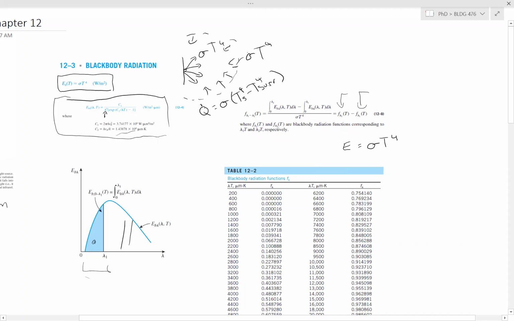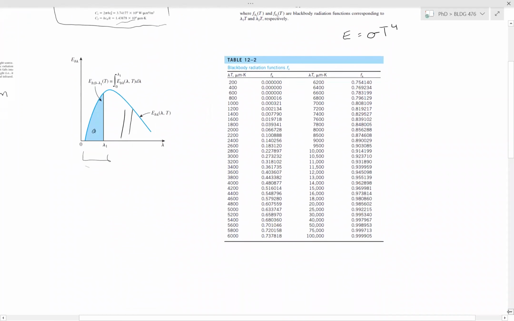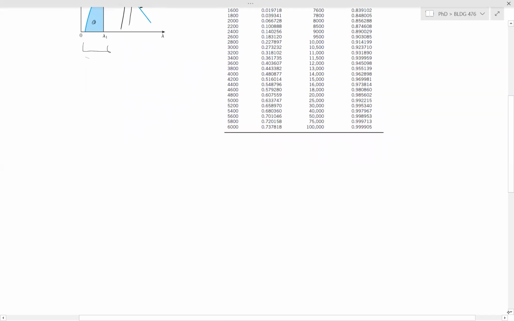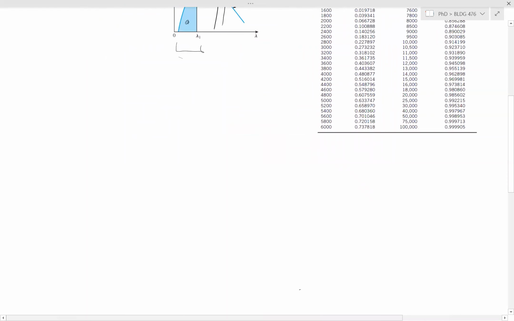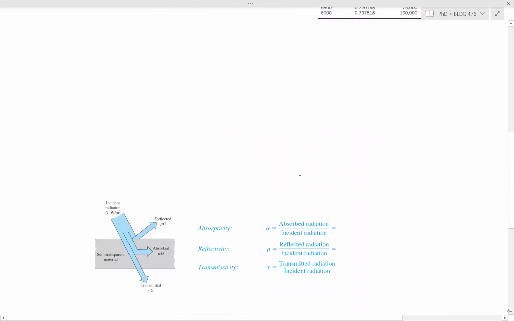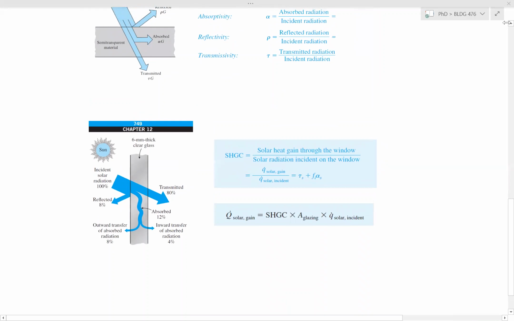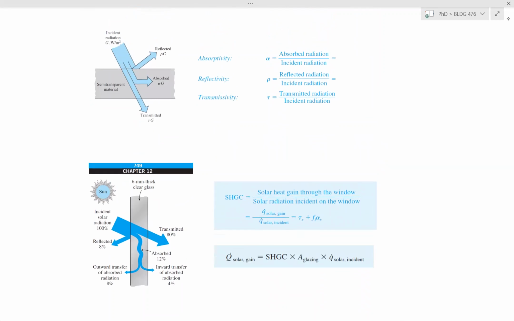So that's the general theory, but of course we'll do an example and I think it'll make more sense. That'll be the first question, and the first couple of questions in your assignment. And then we're going to talk about solar radiation through a window. In the question, we're going to deal with some costs and some total solar radiation.